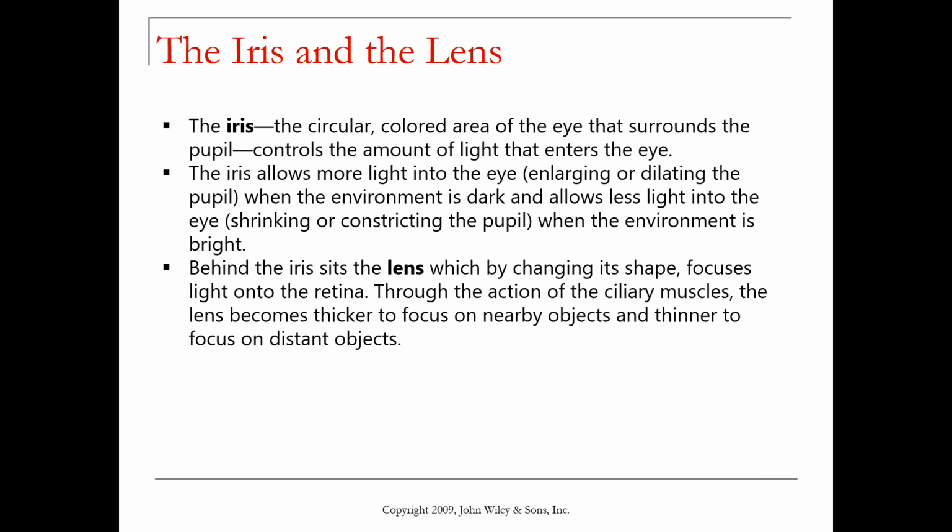The ciliary muscles will make the lens thicken if we're going to focus on close objects, and allow the lens to become thinner to look at distant objects. So we actually have the ability to shape our lens from a thicker lens to a thinner lens, depending on whether we are looking at something close up or something in the distance. Even though our lens is a crystalline structure that's transparent, it still has flexibility.